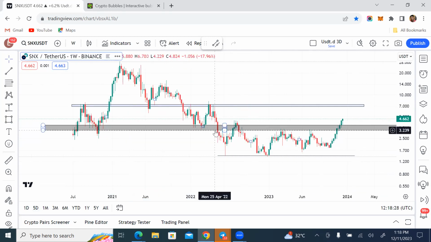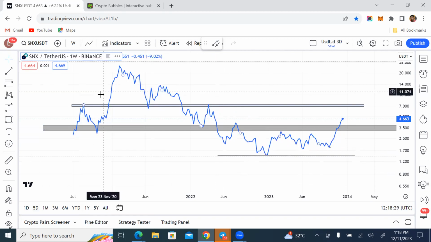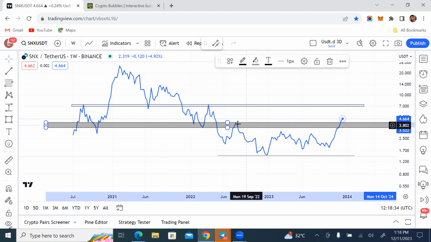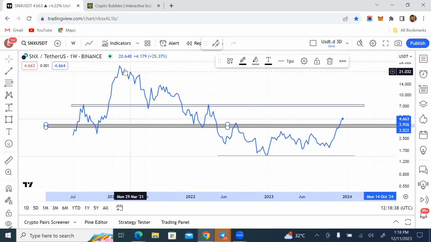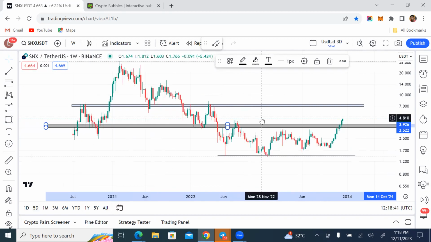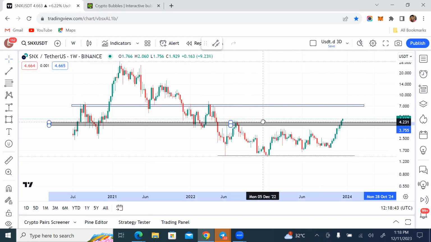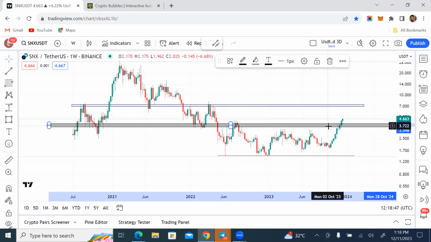Because when price did its thing, let's confirm. All right, price did its thing. And then, yeah, so price eventually broke out. We retested.